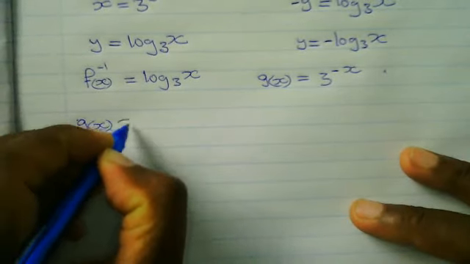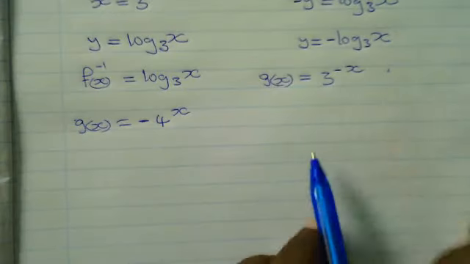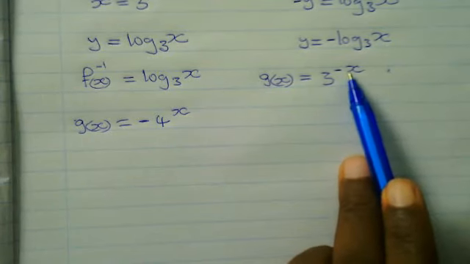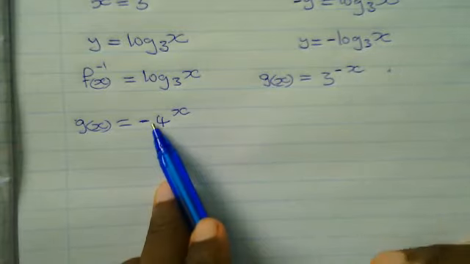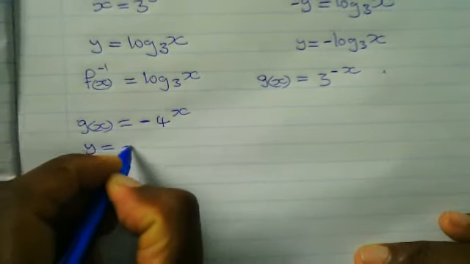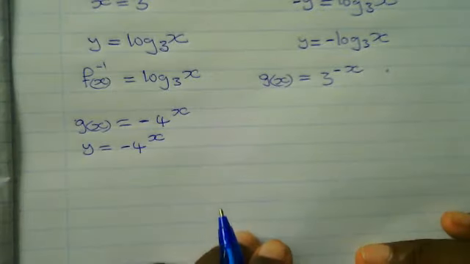g of x is equal to negative 4 raised to x. You see the difference. In the previous example, our negative was on the exponent, and now our negative is on the base. So this is y is equal to negative 4 raised to x.